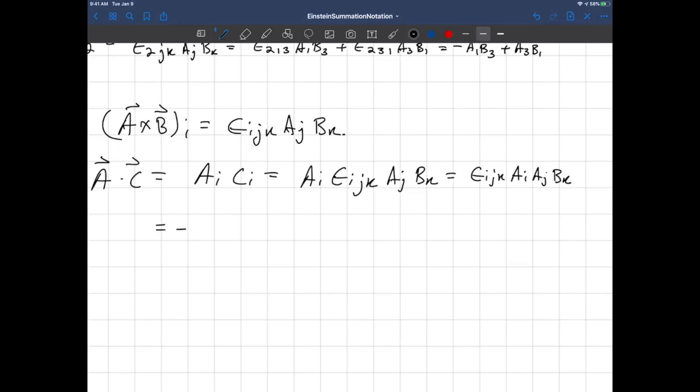So we're then going to get minus epsilon_jik A_i A_j B_k. That's all I've done. Now, why did I want to do that? Well, if you ever want to show that something that's ugly is actually equal to 0, you almost always accomplish that by showing it equals negative itself, which means that it has to be 0.